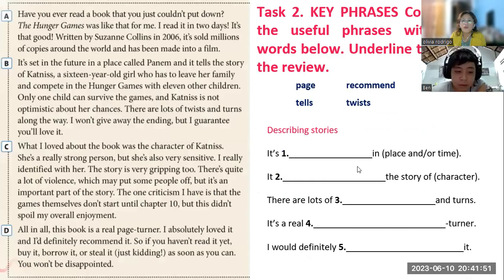Now then we have key phrases. Complete the useful phrases with the words below. Underline them in the review.